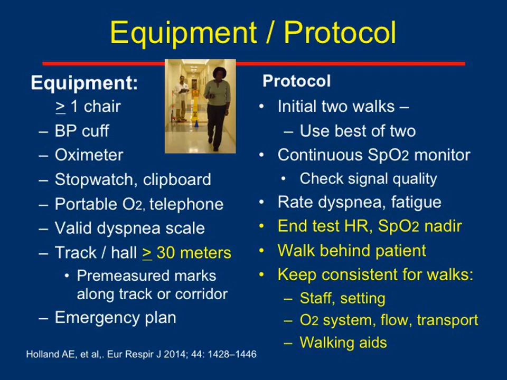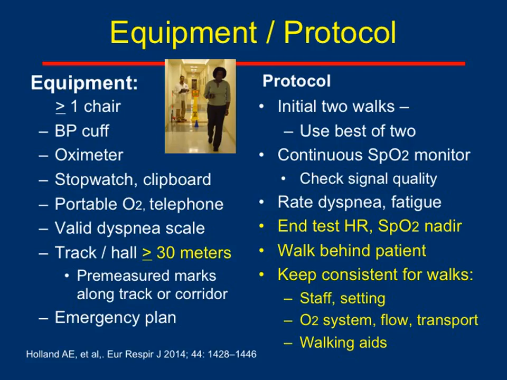So equipment, and all of this is outlined in detail in the documents I referred to. I think they're an excellent resource for you to update your performance of the testing. The equipment would include at least one chair, in case the patient needs to rest during the test, a blood pressure cuff and a stethoscope, and a functioning oximeter.